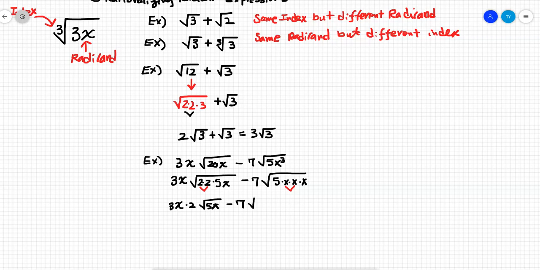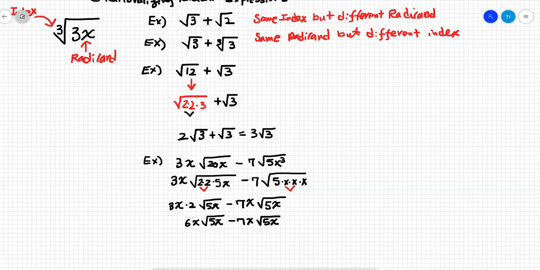Before you can do that, I am going to take out the x in the front, so you got minus 7x and square root of 5x. So here on the left hand side, I have 6x square root 5x, then I have minus 7x square root of 5x.